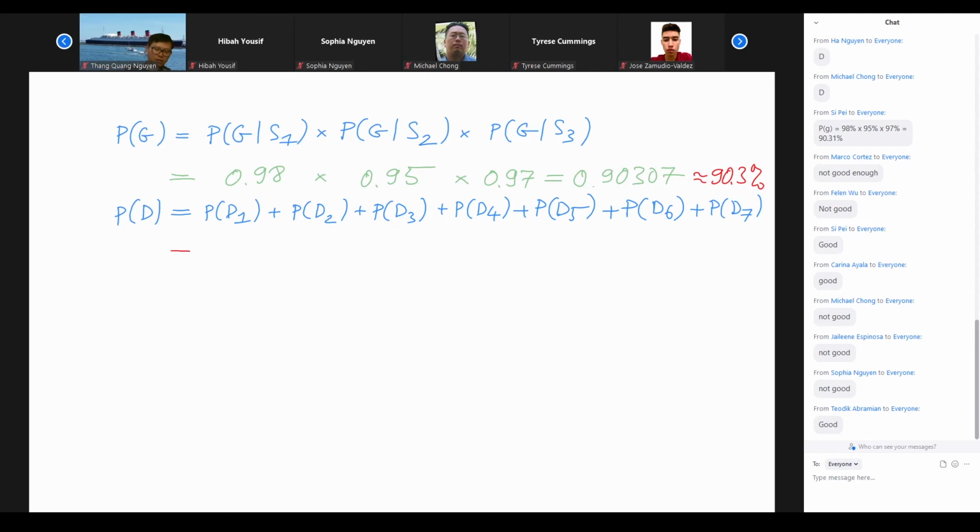So here's a shortcut. We know that the P of G plus the P of D equals 100%, right? So the trick is we do 1 minus the P of G. Then we're going to have the P of D. So the shortcut is we take 1 minus 0.90307. Then we would have 0.09693, right?